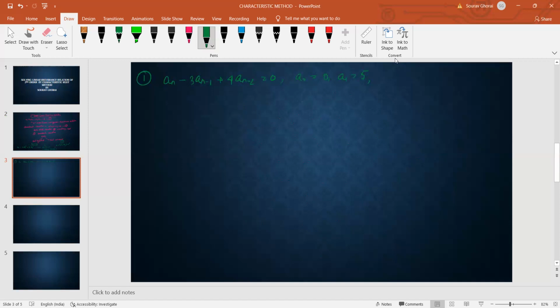So now we have to solve this question. Let's see how we can solve it. Here this is the equation a_n - 3a_{n-1} + 4a_{n-2} = 0.